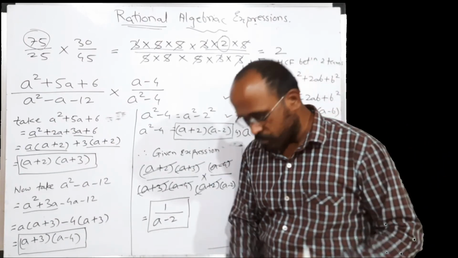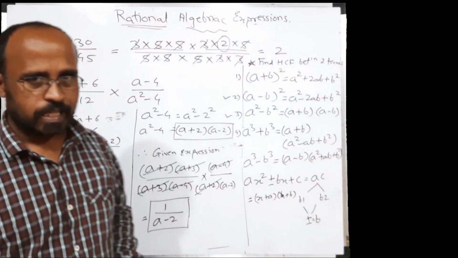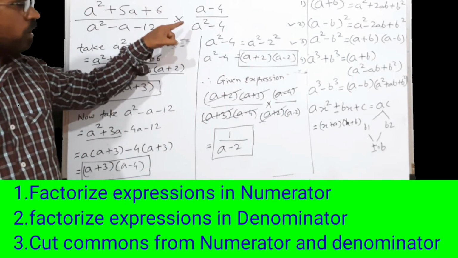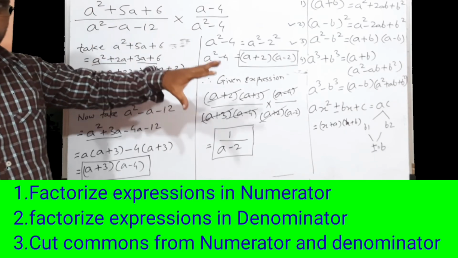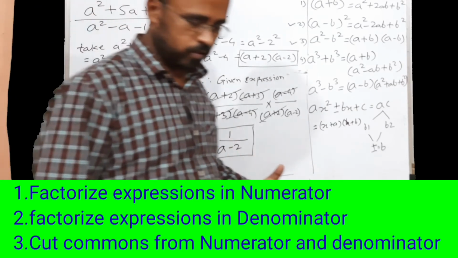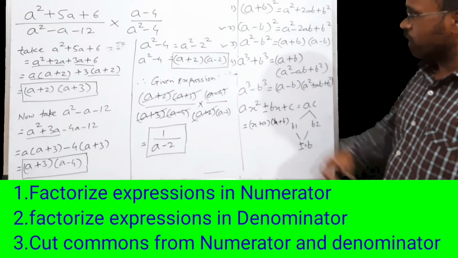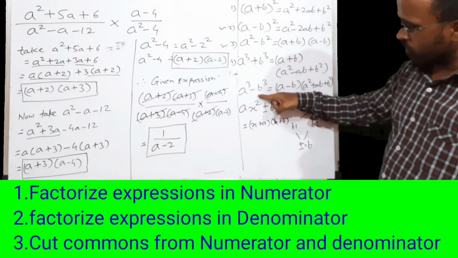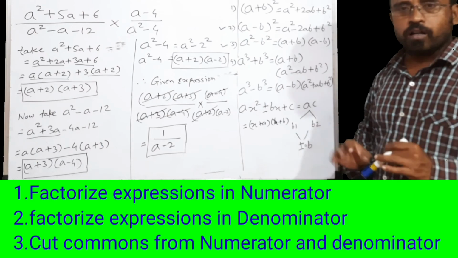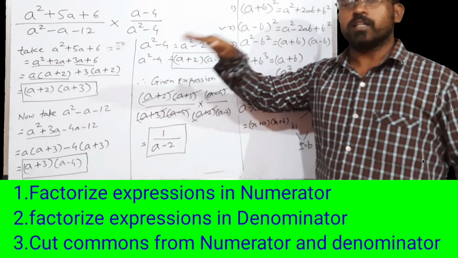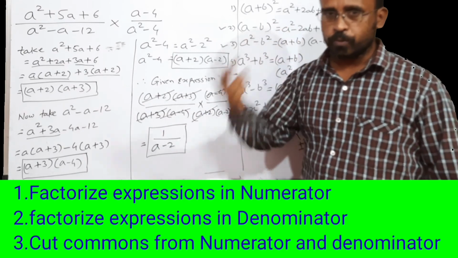So students, I hope you got the idea. The idea is to factorize the terms, the expressions which are possible to factorize. First thing. Second thing, for factorization, use these 1, 2, 3, 4, 5, 6 formulae, or the technique of finding highest common factors between two terms.